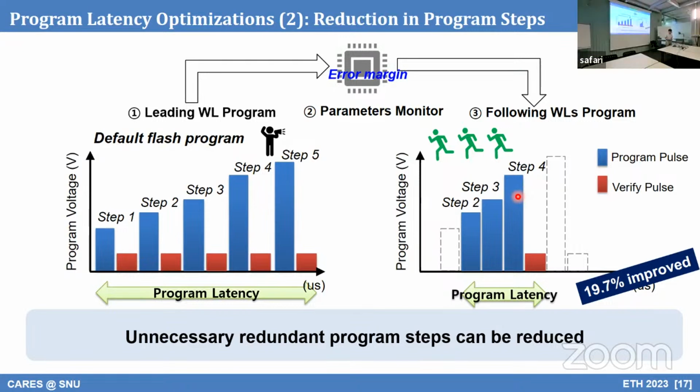Any more questions? I can ask one. You provide great reduction in latency, and it sounds really good. My question is, internally we have a lot of parallelism inside these devices.